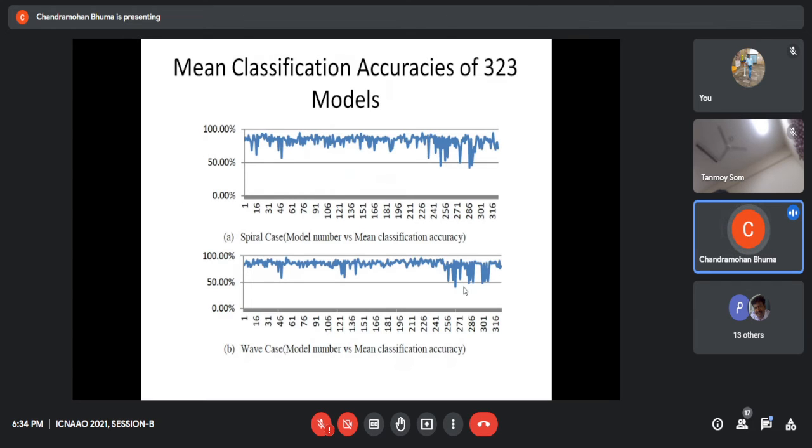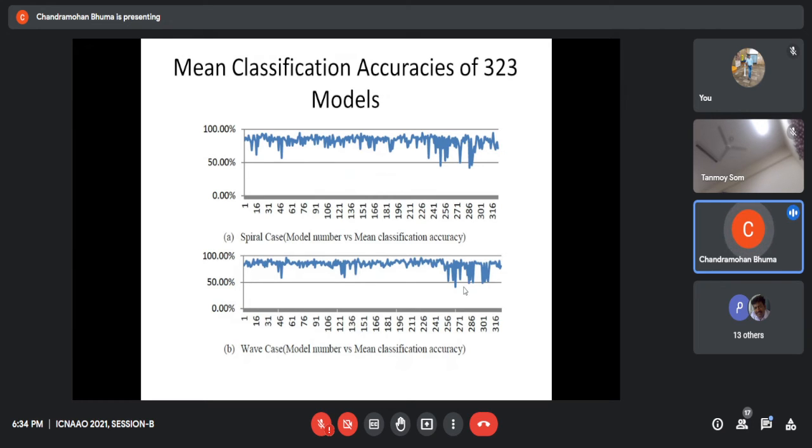So for all the 323 models, the classification accuracies are shown here. These are the mean classification accuracies because we divided the dataset into 80% for training and 20% for testing. That's how the model is to be tested. It is supervised learning, so first training happens, then testing happens.